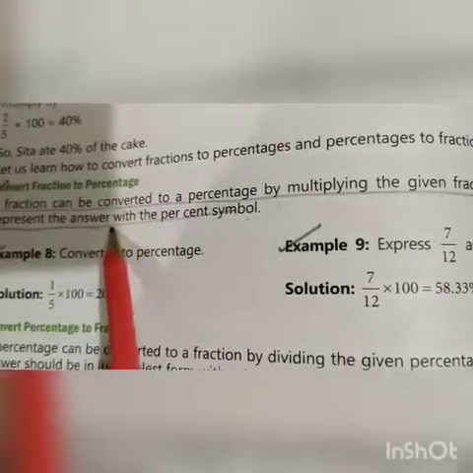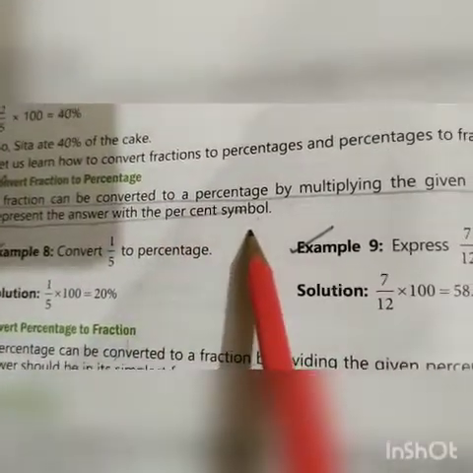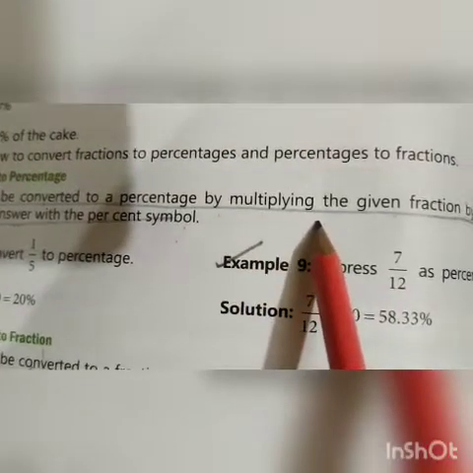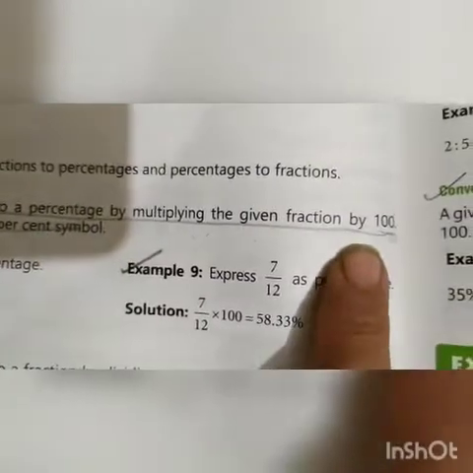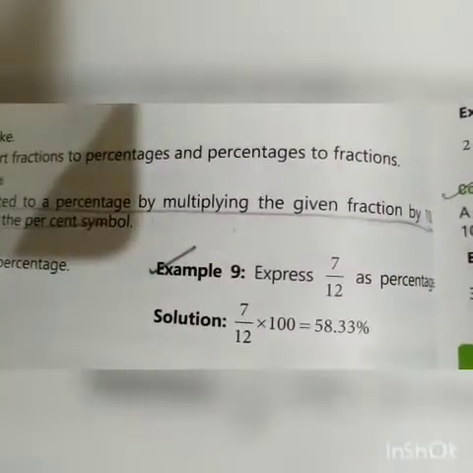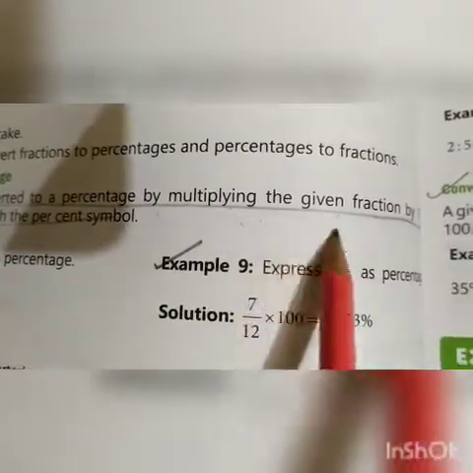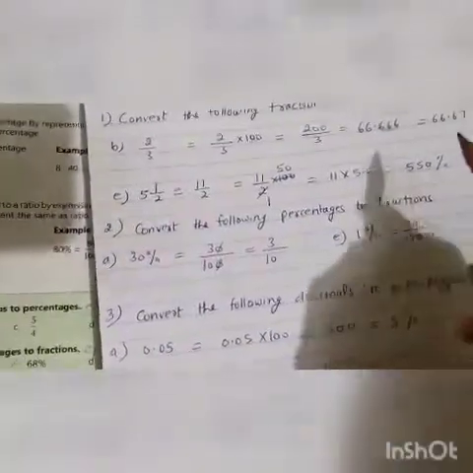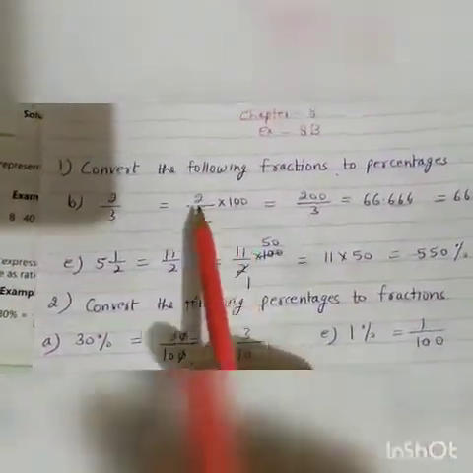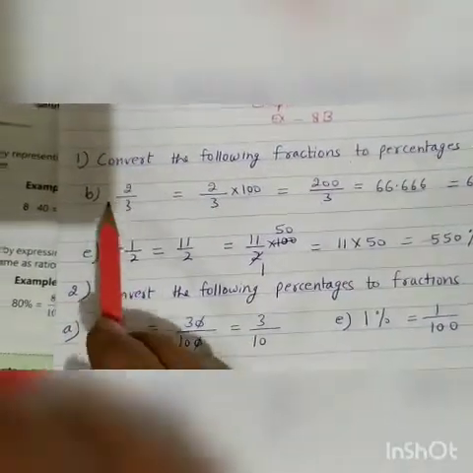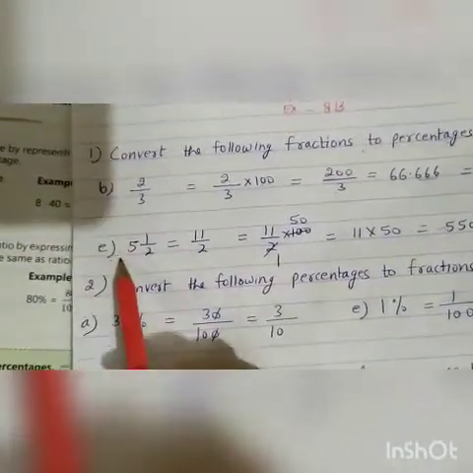Represent the answer with the percent symbol. So when we have to convert a fraction to percentage, we will multiply the given fraction by 100. So we will apply this method here. I am explaining its part B and E.